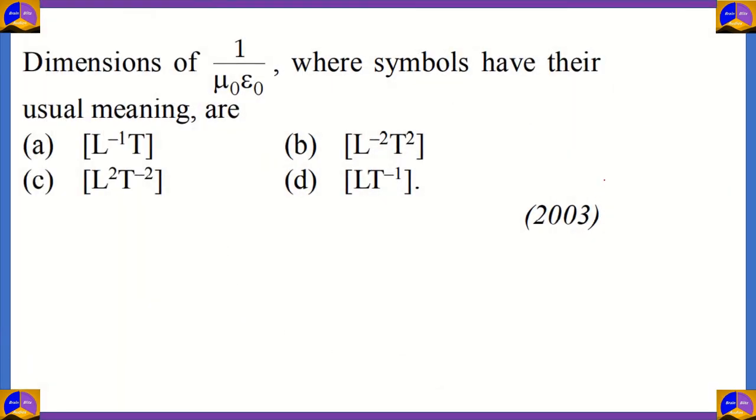Let's move on to the next question. Dimensions of 1 by square root of mu naught epsilon naught, where symbols have their usual meaning, are: is it L raised to minus 1 T, L raised to minus 2 T squared, L squared T raised to minus 2, or LT raised to minus 1? So here the symbols have their usual meaning.